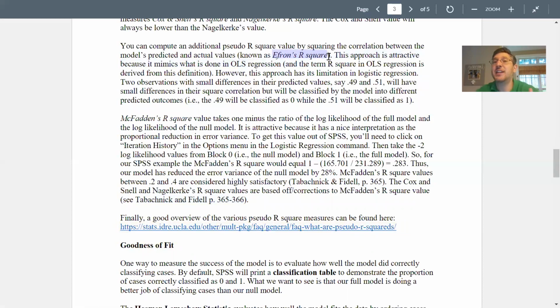And it's basically the square of the correlation between the model's predicted values and the actual values. And I like this approach because it really mimics what's done in OLS regression. And this is where the term R-square comes from in OLS regression. We're squaring the correlation between the model's predicted values and the actual values on the outcome.